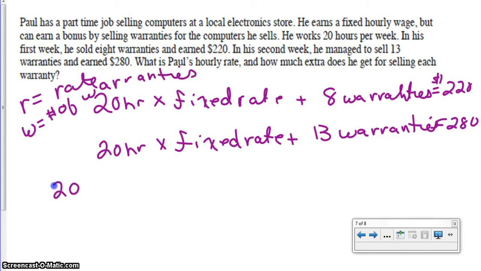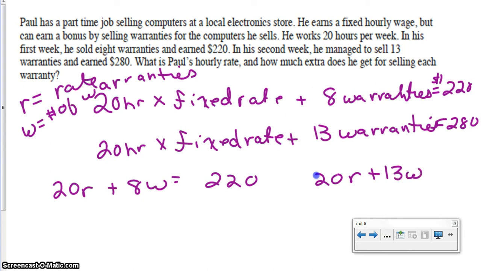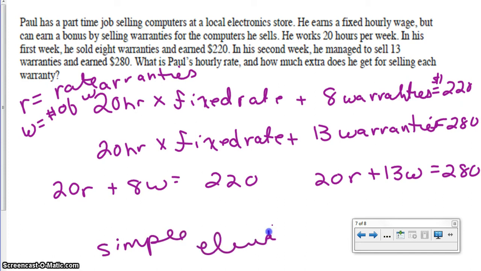So 20R + 8W = 220. 20R + 13W = 280. Here's a hint. Simple elimination. Whoops. Good thing I have the handwriting of a serial killer, huh?